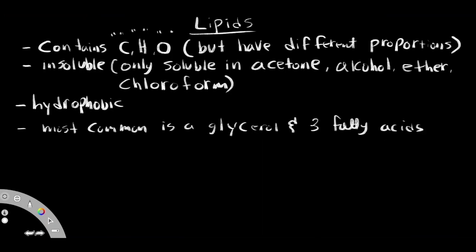Right? This is known as a triglyceride. And this should be a familiar term of vocabulary that you looked at in the previous video regarding micronutrients and macronutrients, right? How they were formed via a dehydration reaction.